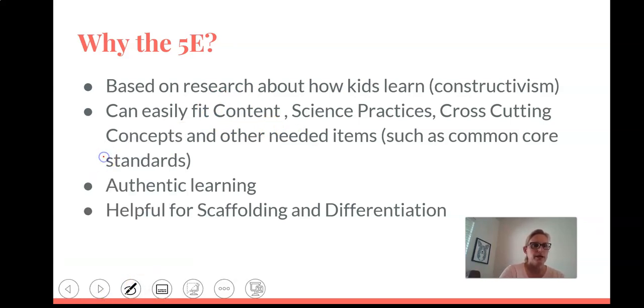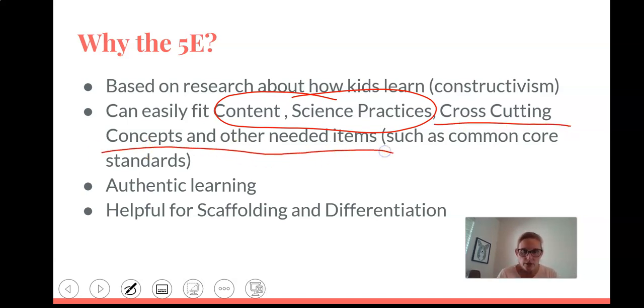Let's see, pen, so I can circle that. Here we go. In this type of lab, I can weave them together so I can get that skill building in with the content. And for NGSS, I can easily put in crosscutting concepts and other needed items.